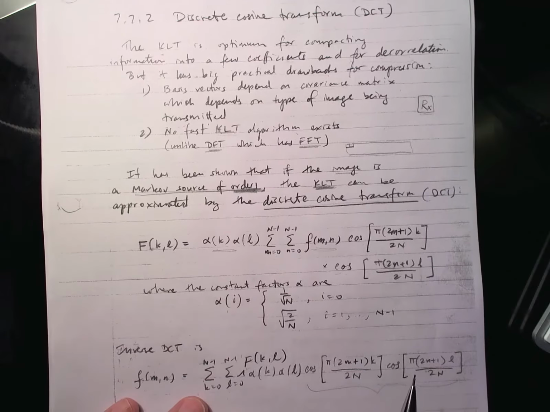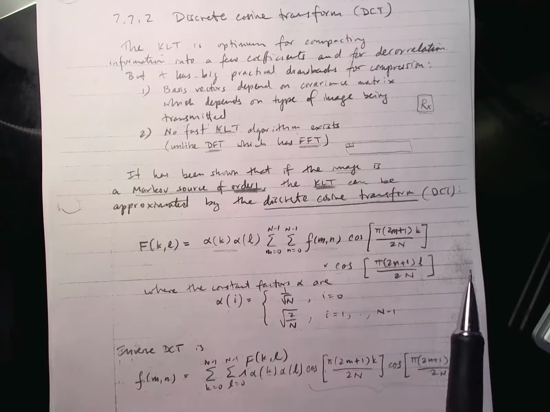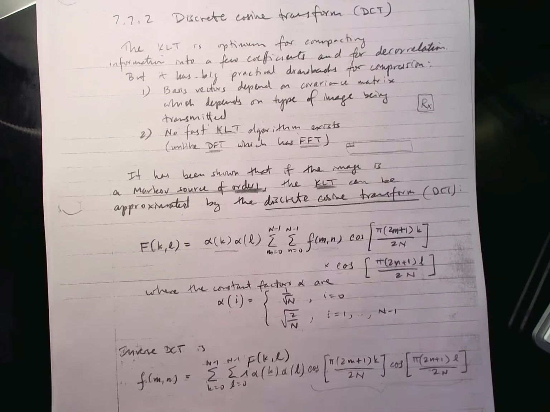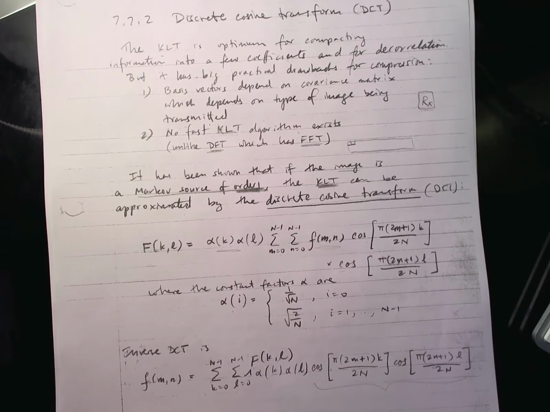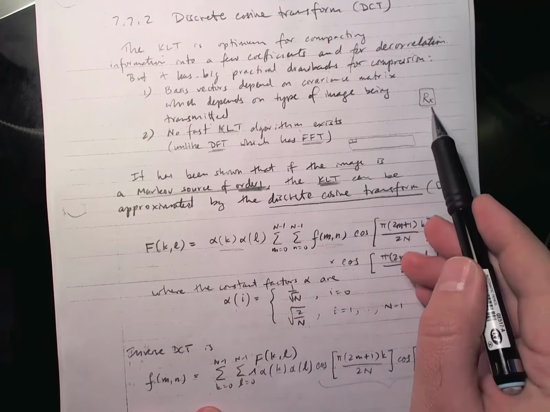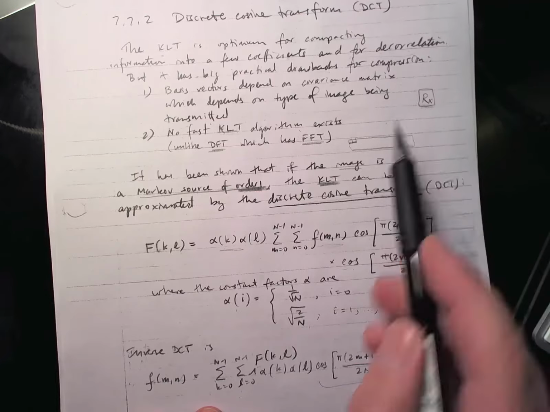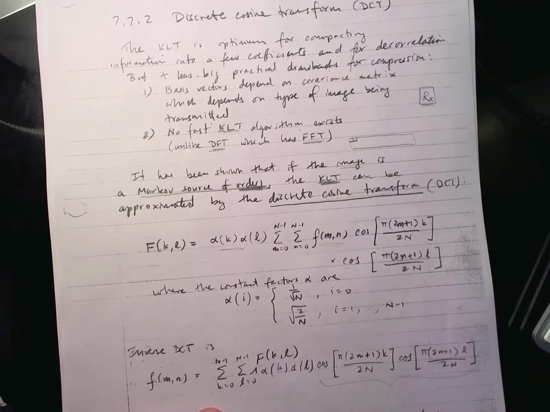And so what the JPEG approach does is to say, well, we want to try to do this KL transform idea, but we don't really know much about the images and their correlations between all the pixels. But we do know that images tend to have some kind of correlations in them. So let's imagine a simpler assumption.